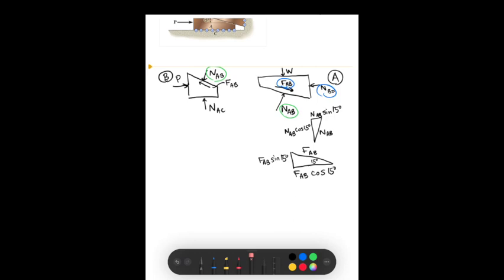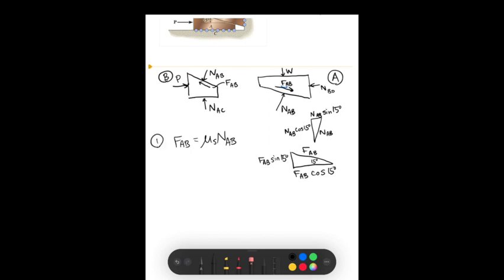However, there is one more equation we have, which is the fact that we know that the highest force will occur at the impending motion. So we know that the friction between the two blocks is going to be equal to the static friction coefficient times that normal force.